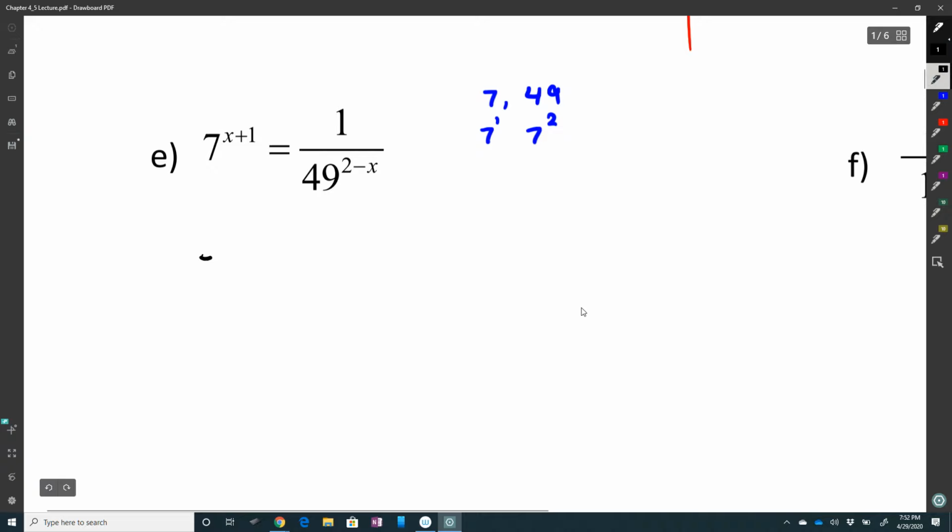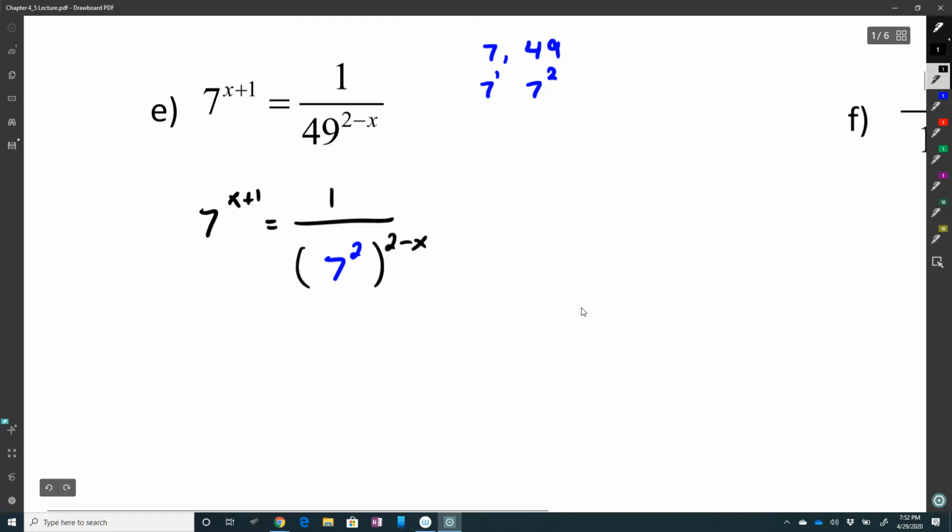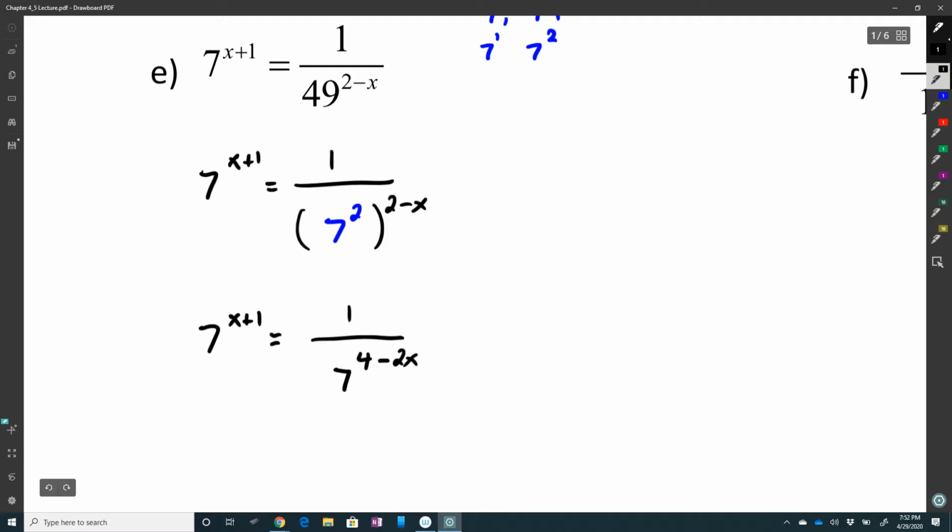So my equation is going to be 7 to the x plus 1 equals 1 over, parentheses, 7 squared, and then I have the 2 minus x. I multiply the exponents together. So 7 to the 4 minus 2x. And then I could do the rule where I move it to the numerator but make the exponent negative.